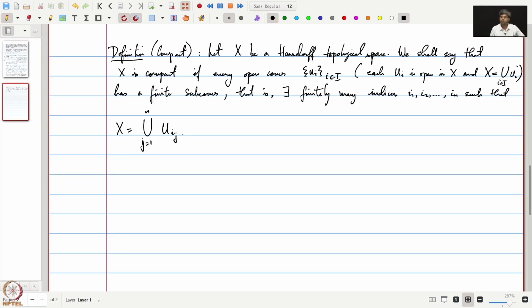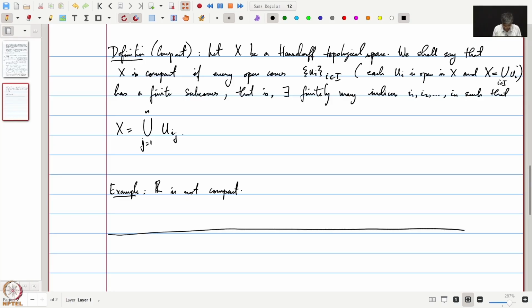So let's see an example of a topological space which is not compact. Example: R is not compact. To say that R is not compact, it is enough to produce an open cover for R which has no finite subcover. That's easy.